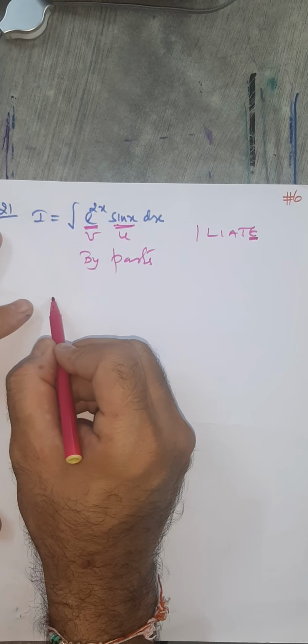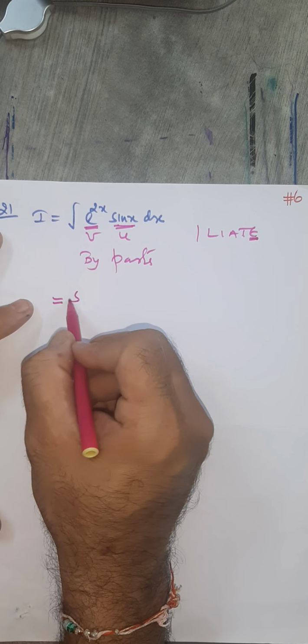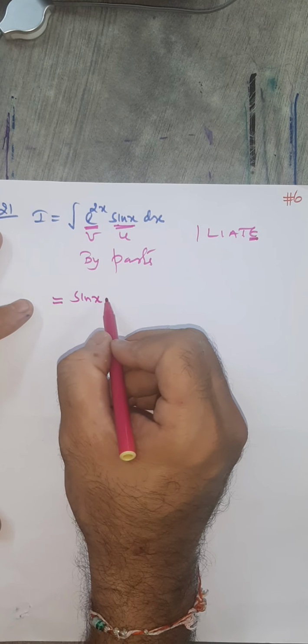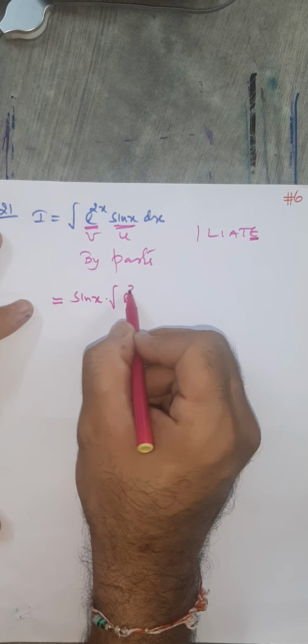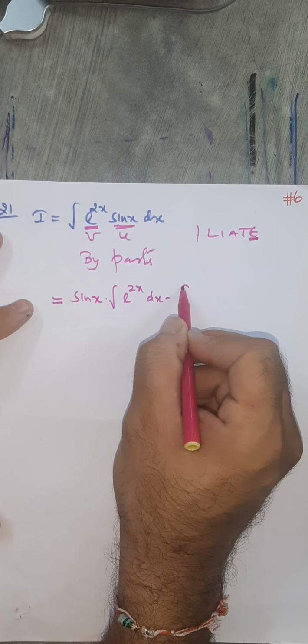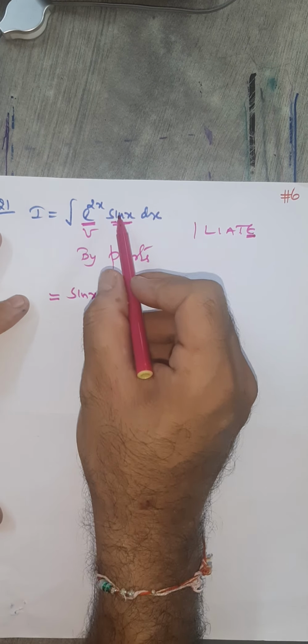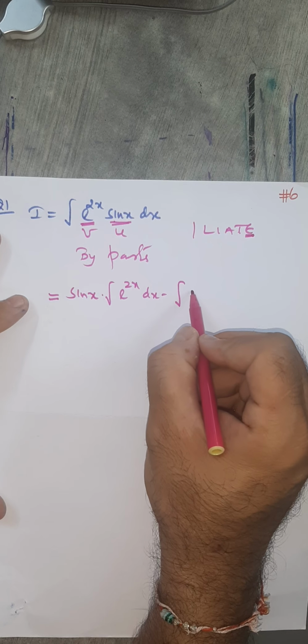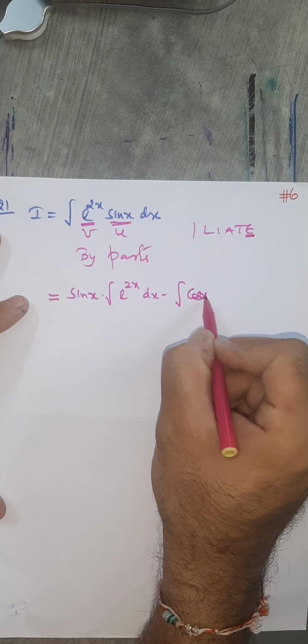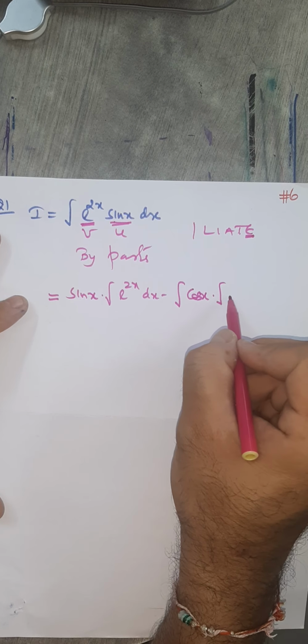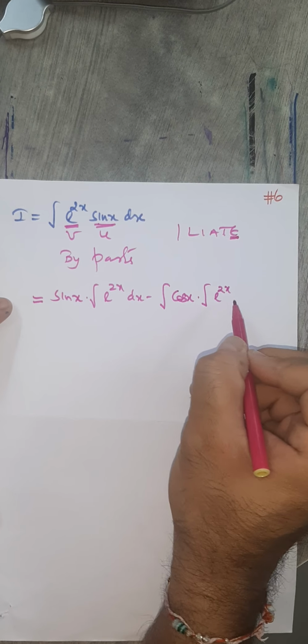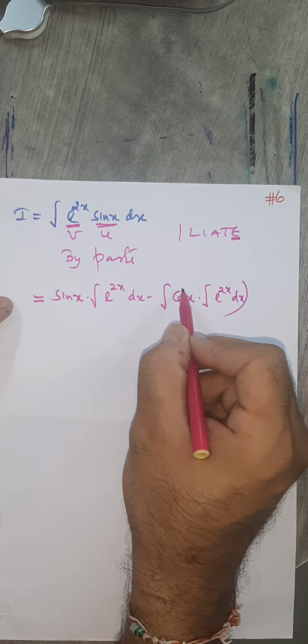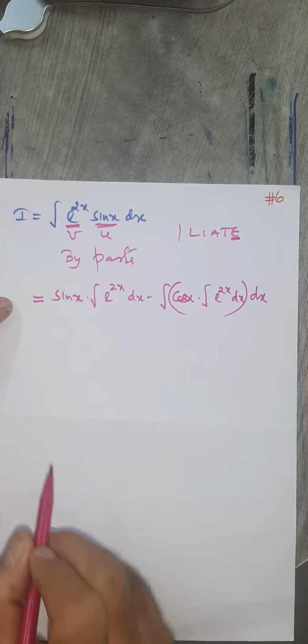I've just called this as I. So u will come out, sin x will come out into the integral of e raised to 2x, minus inside the integral the differentiation of sine, the derivative of sine, you know it is cos x, into the integral of e raised to 2x, and then the whole dx.